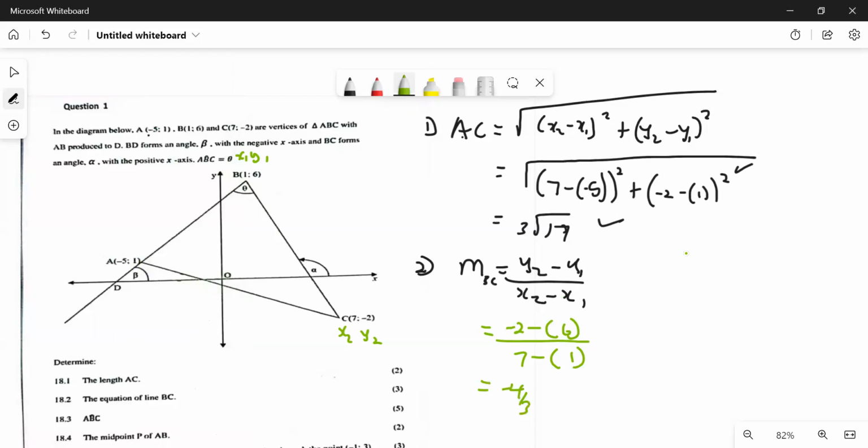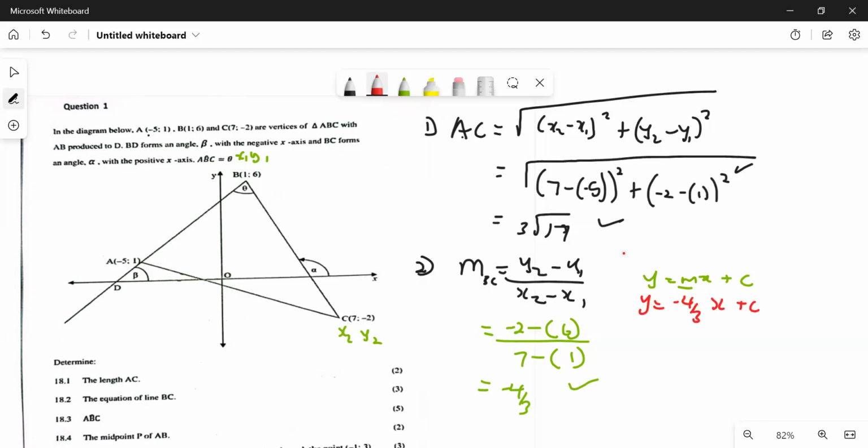We're looking for the equation. So we got M, and we'll get a mark for M. Now, what else are we going to do here? We have y equals mx plus c. Now, what is m? We say y equals minus 4 all over 3 x plus c.